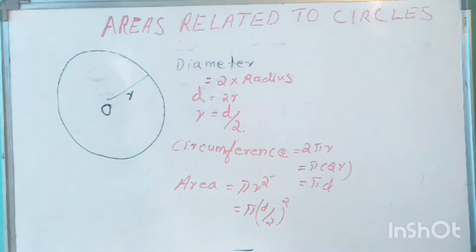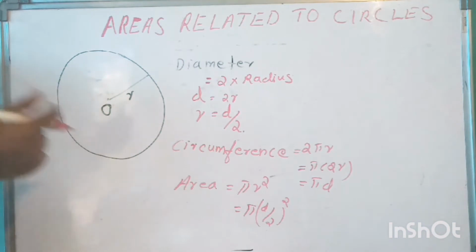Now, for practical purpose and for making related calculations easy, the value of pi is taken as 22 by 7 or 3.14 approximately.